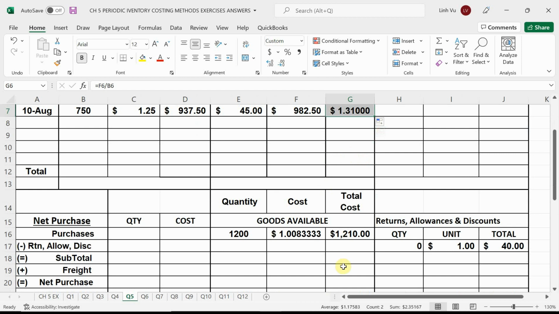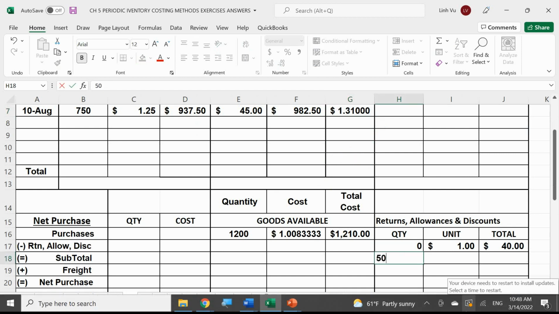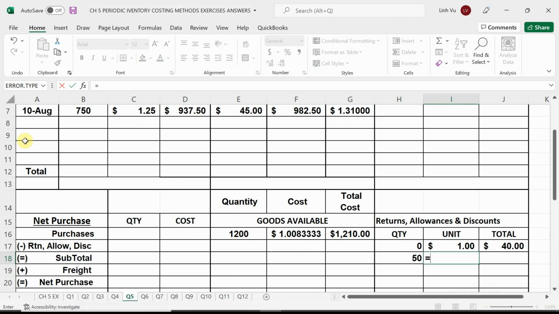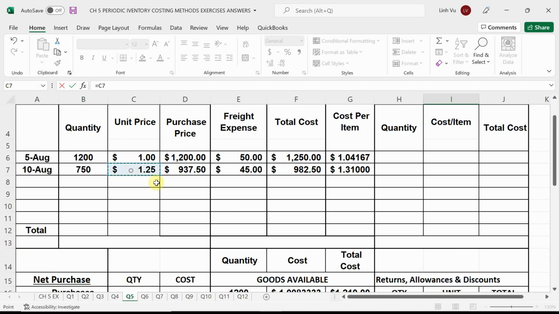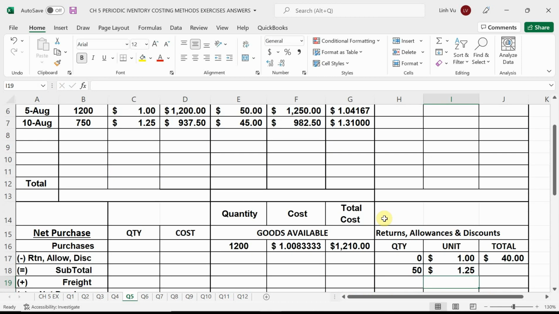So in this case, I returned 50 of them. How much did it cost me per item? $1.25, right? Always refer to the previous batch above. So it cost me $1.25.